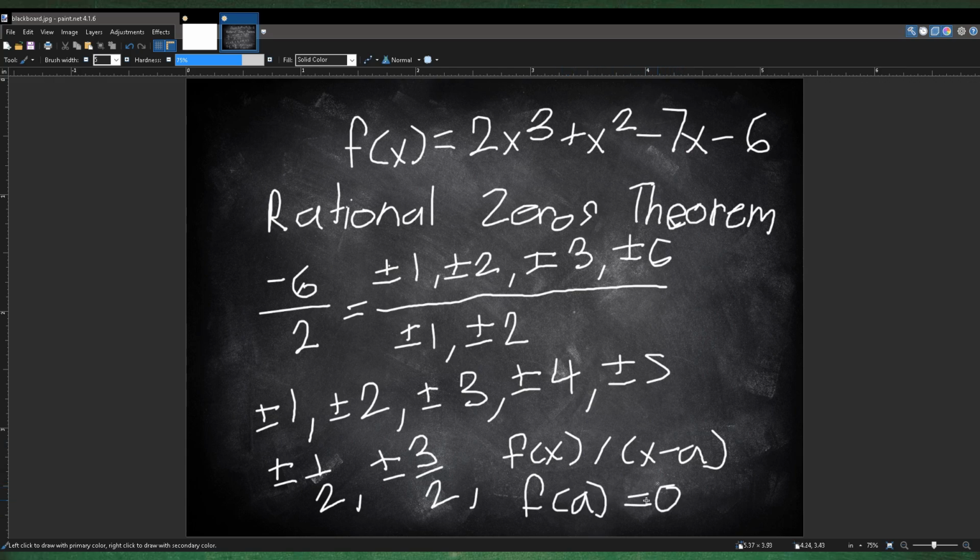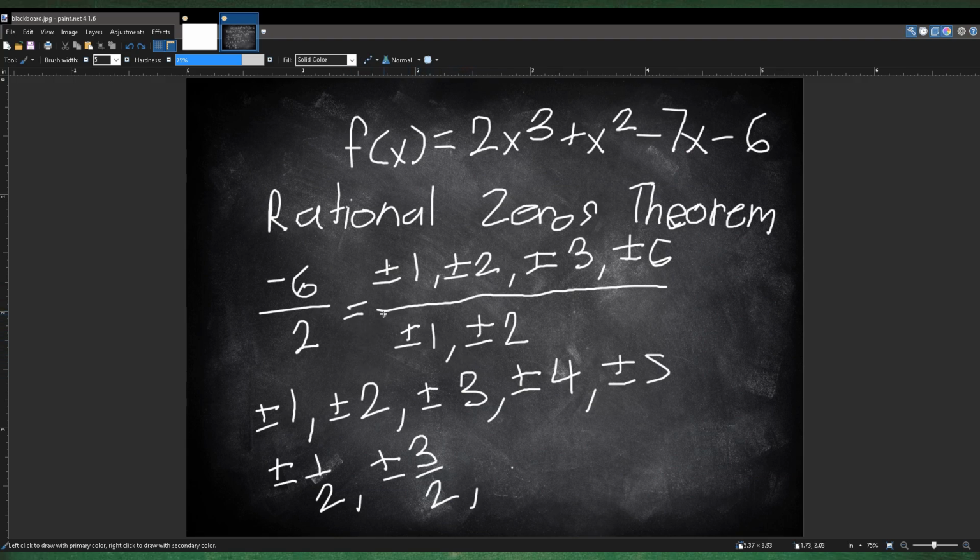But if the remainder is 0, that means x minus a has to be a factor of f of x. That's what it tells us. So if we use that general concept, any value that we put into this equation that makes it equal 0 is going to be a factor, so we could take that out.